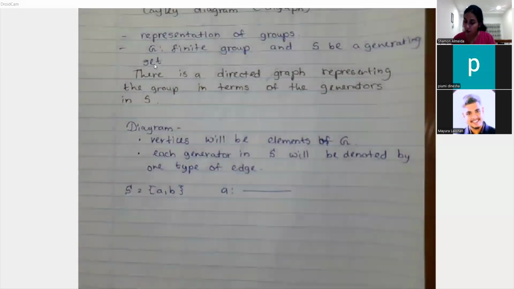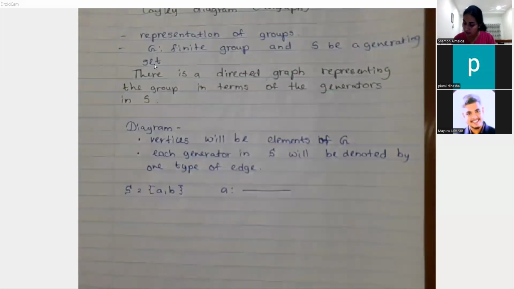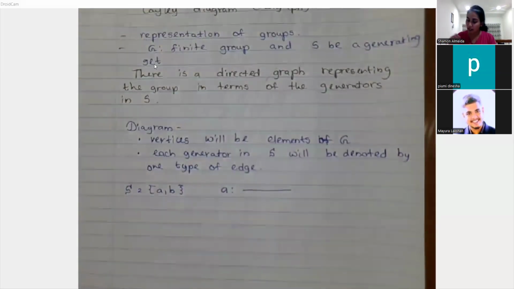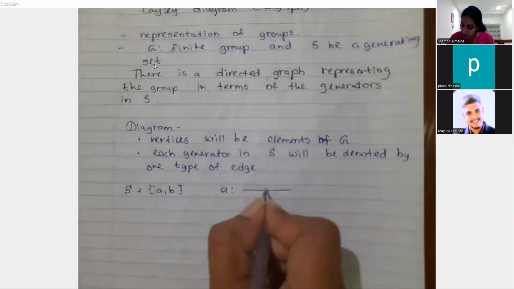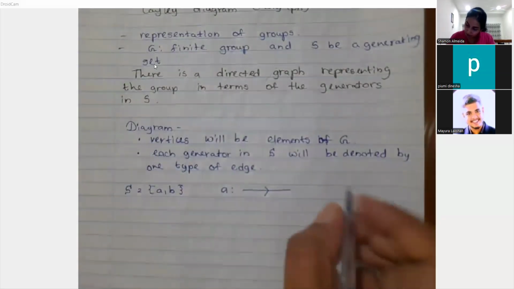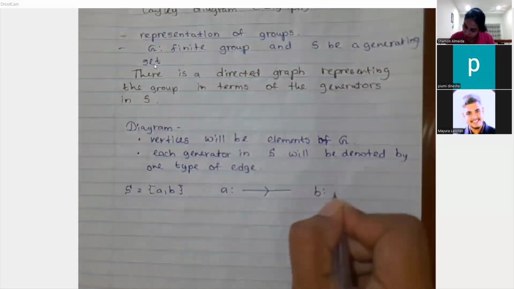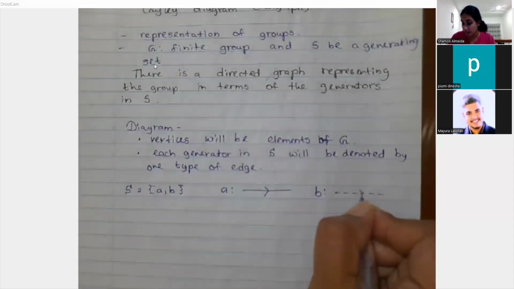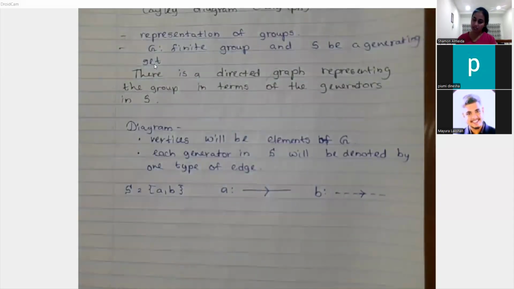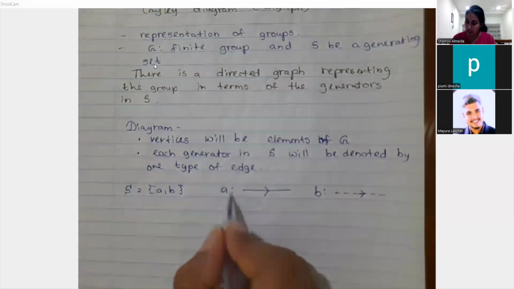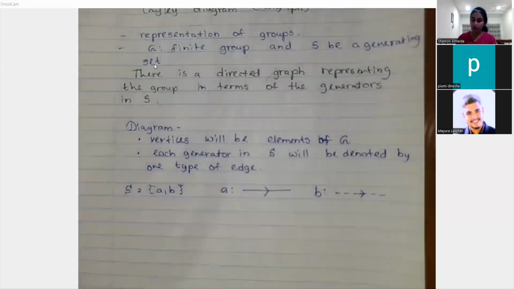So they will be denoted by a vertex. So the action all these elements have on other elements in G is given by this edge, right? And I will denote B by this dashed edge, right? This solid directed edge will correspond to A. Now we have two types of edges, okay?